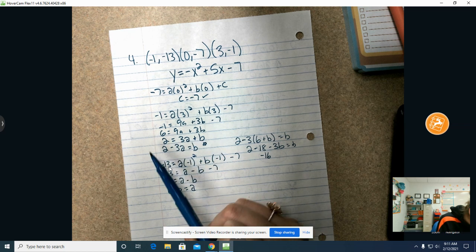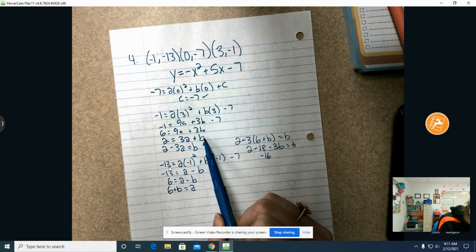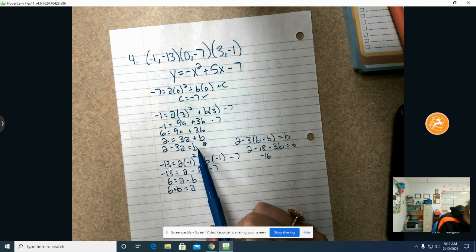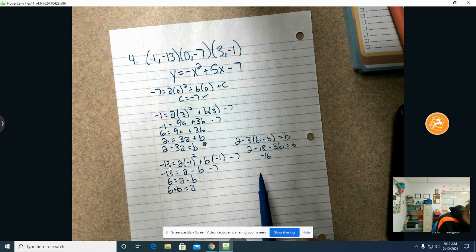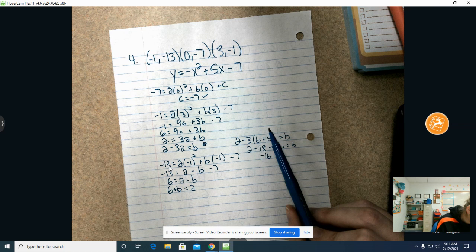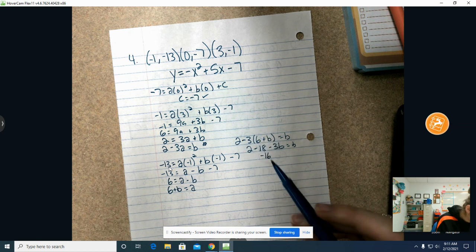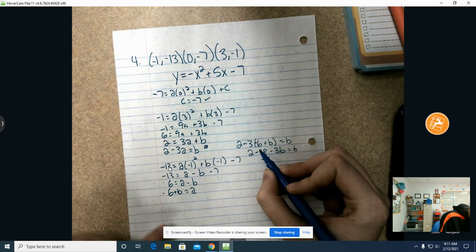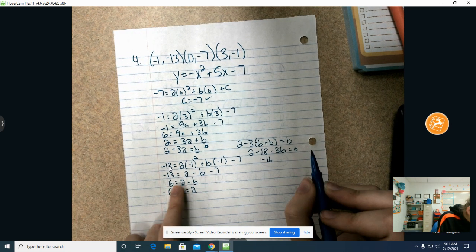Divide by 3, 2, 9b. B equals this. And A equals this. So that's going to give me, oh, it's because this is going to be a negative 6. Okay, Miss Morgan, here we go. See what happens when you try and do things quick, kids?